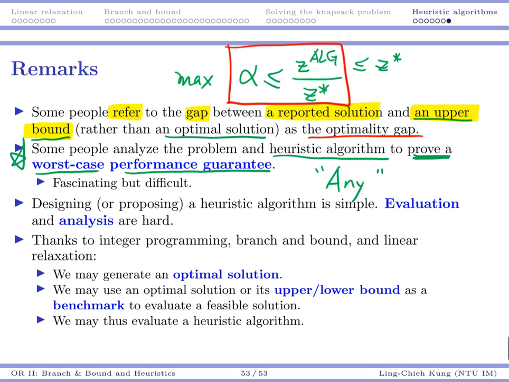For example, your alpha may be 80%, 75%. That means your Z ALG can be small, but it will not be too small. It will not be lower than 75% of your optimal solution. That may be some properties that we may prove from time to time.